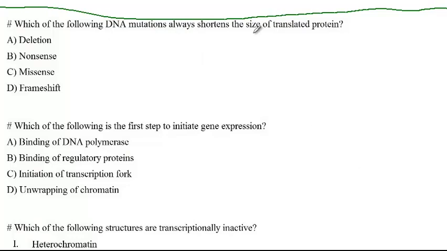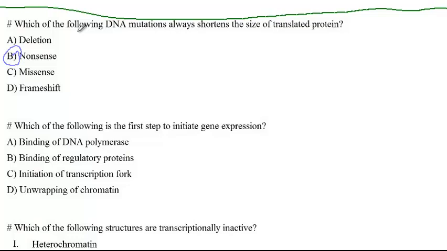So which of the following always shortens the size of a translated protein? Well, we discussed the nonsense mutation, which will convert a sequence into a stop codon, as a consequence of which there could be truncation. Deletion or addition or frameshift mutations could potentially truncate a protein depending on how it switches the amino acids, or it could make it longer, because we cannot predict.